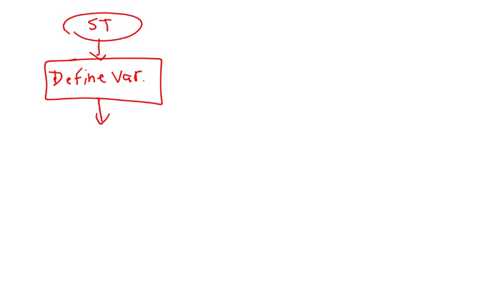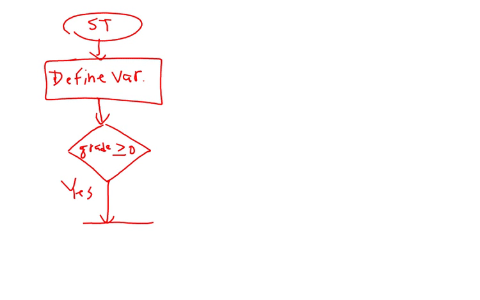I define my variables, and then I immediately go and check whether grade was positive. As long as it was positive, we ask for another grade, input grade, and we added it to the sum.